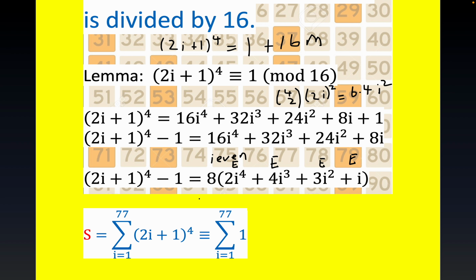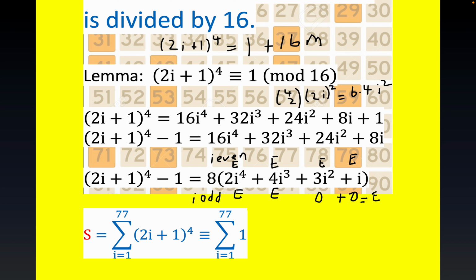Okay, now what about for i odd? For i odd, this is even, still all this stuff is even, but all these guys would be odd. But notice these two last terms would be odd if i is odd. But notice that an odd plus an odd is an even number.